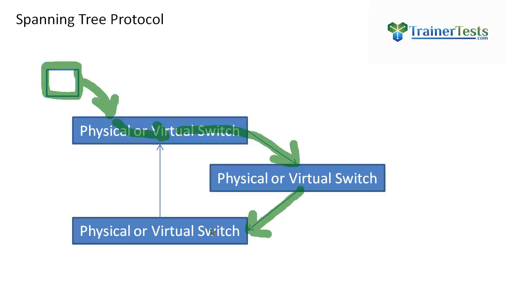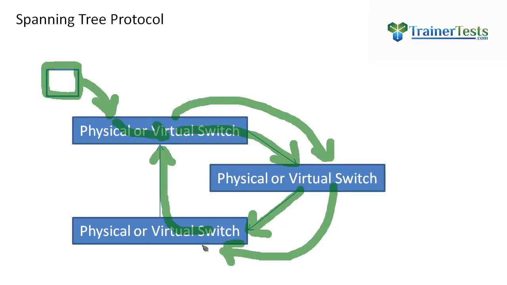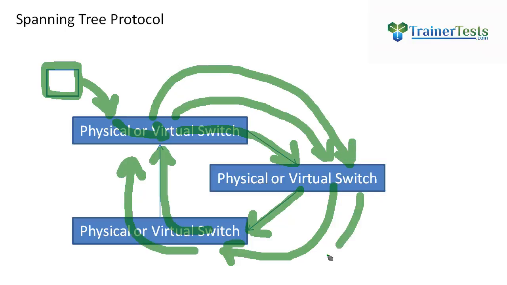And you can probably see where I'm going with this now: that frame is going to eventually end up getting flooded back to that same switch if our switches are connected in a topology that creates this loop. And this will essentially result in an endless loop where the traffic just goes around and around and around and eventually brings my network to a screeching halt.